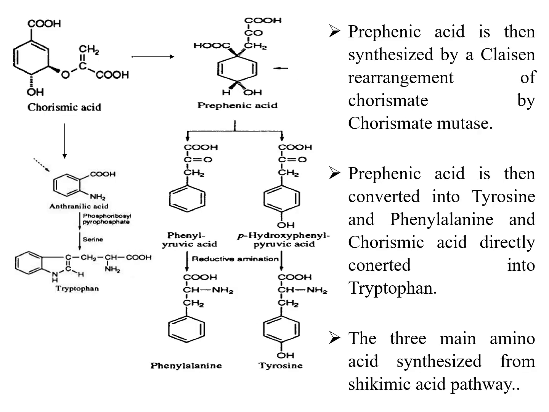Now this chorismic acid is the main compound through which different types of amino acids will be produced.